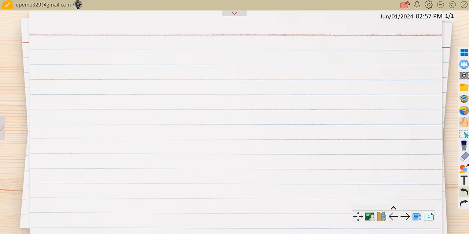Okay, so I'm going to put the answers here. So we need to write a balanced chemical equation for the reaction between magnesium oxide and the dilute nitric acid.